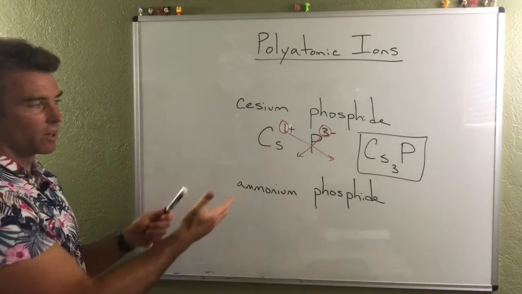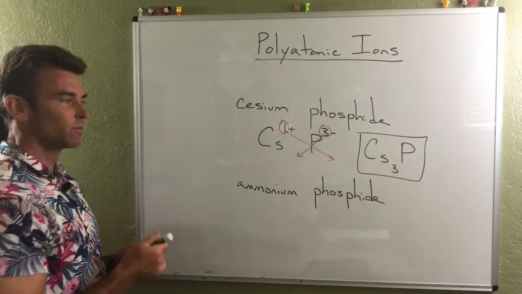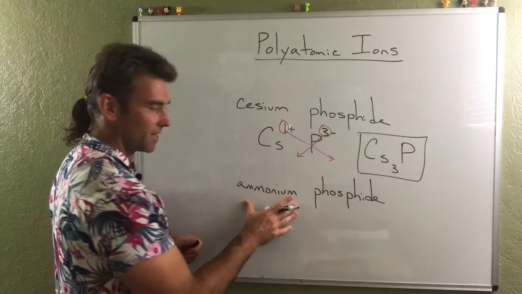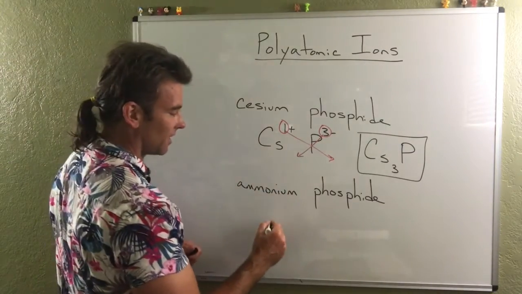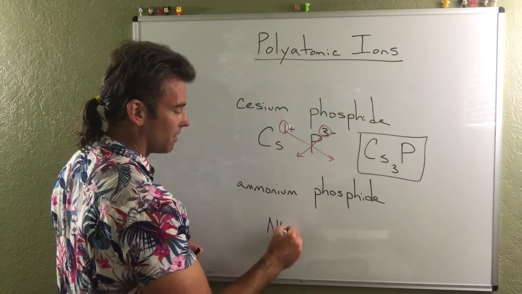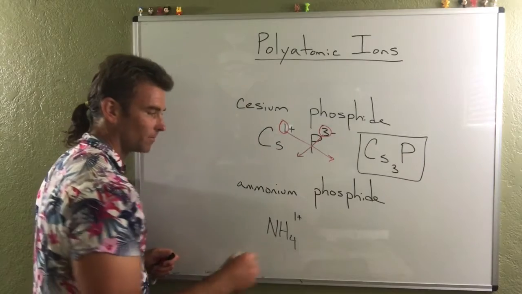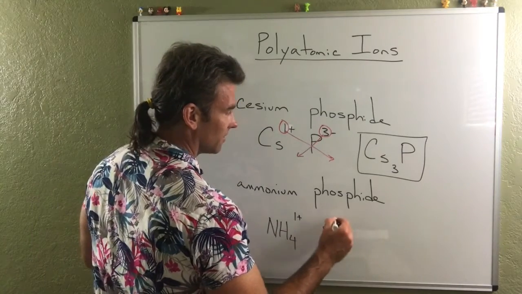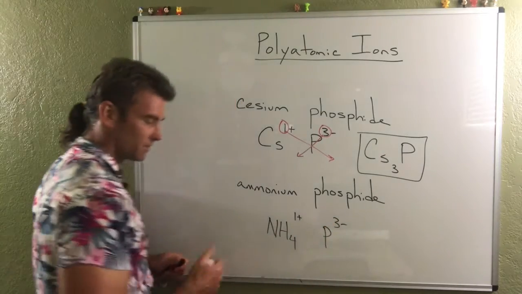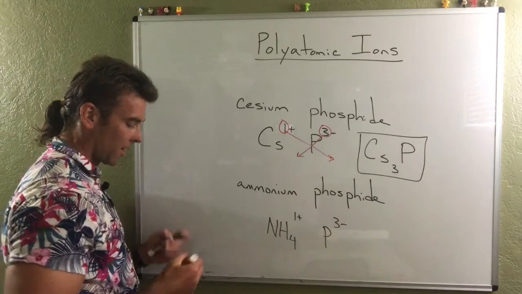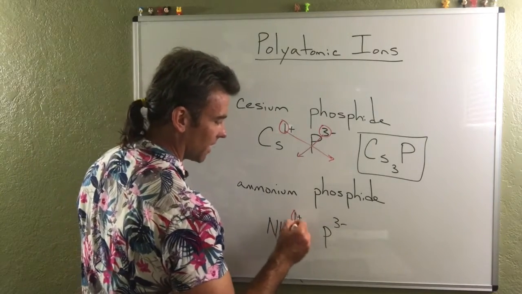And then we look at ammonium phosphide. This one takes a little bit more effort because you have to look up ammonium on the list or remember what it is. This is the one that is probably more helpful to remember. And then we've got our 3- phosphorus. And we do our Crossy trick once again.